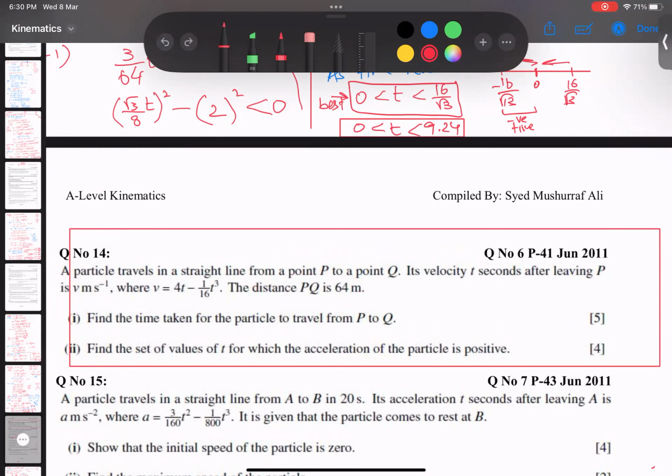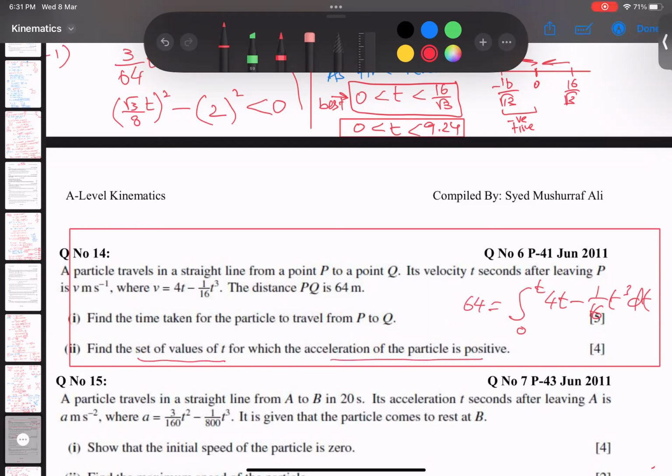You know it very well: if you are given the velocity and the distance, what to do? Integration. So, Basma, what is the technique? You can do the same technique: 64 equals the integral from 0 to 2 of this. Any problem anywhere? No, sir. Good, so this part is easy. The second part: find the set of values when acceleration is positive.